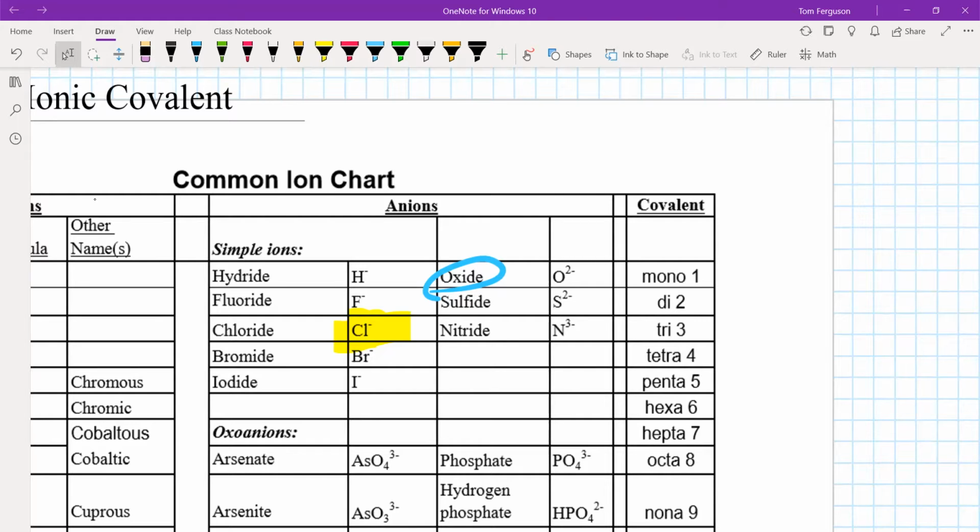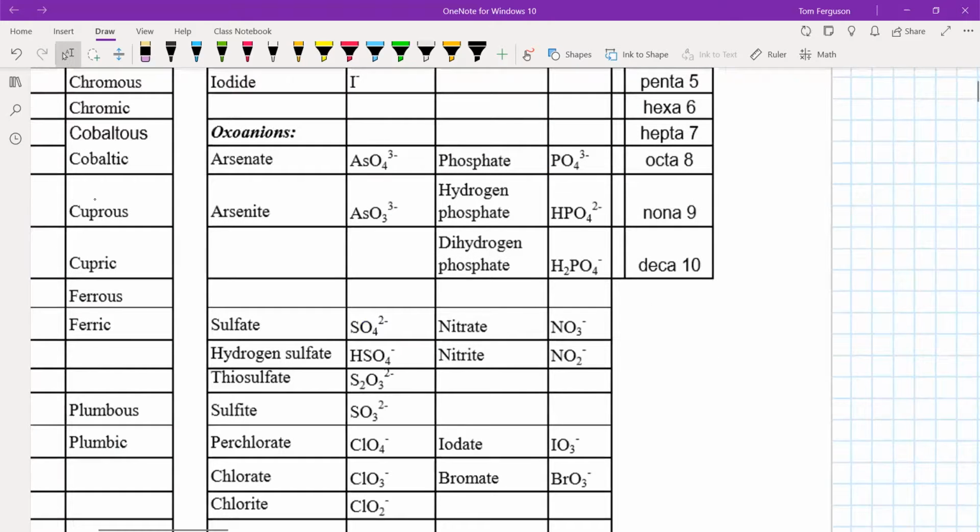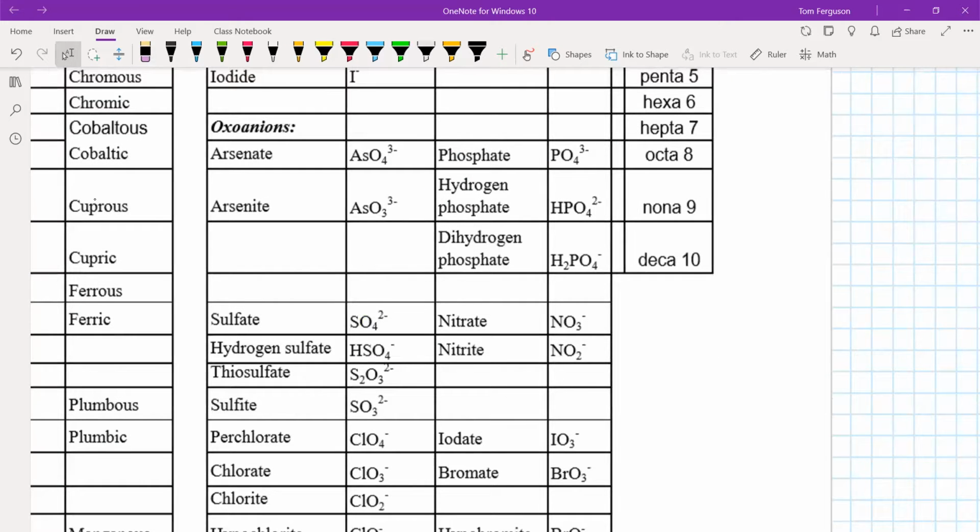Now, the thing about the anions is there's lots of polyatomics, lots of them. I mentioned earlier, nitrate versus nitrite. They're both -1, but one's got 3 and one's got 2 oxygens.